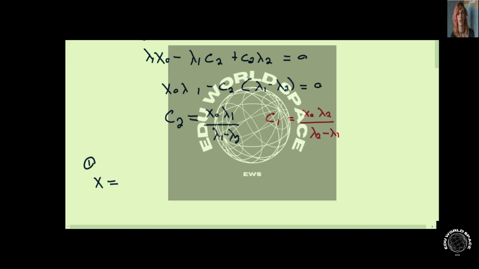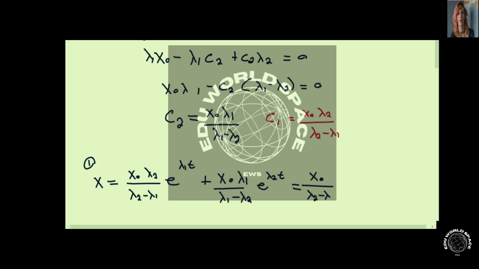And we have x naught lambda 2 divided by lambda 2 minus lambda 1 times e to the lambda 1 t, plus x naught lambda 1 divided by lambda 1 minus lambda 2 times e to the lambda 2 t. Okay? And we can simplify this even more. And here we have x naught over lambda 2 minus lambda 1.